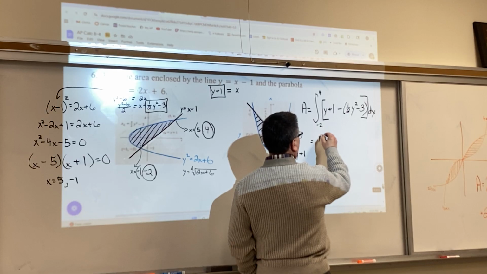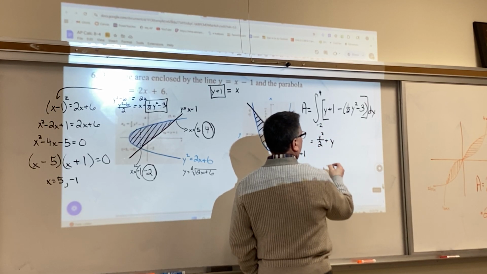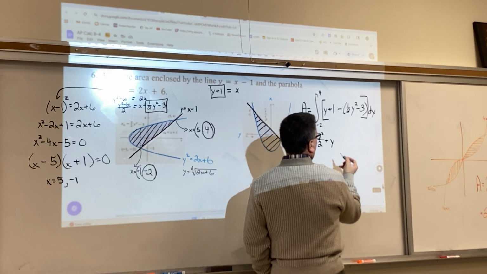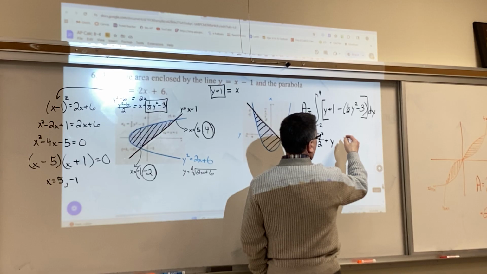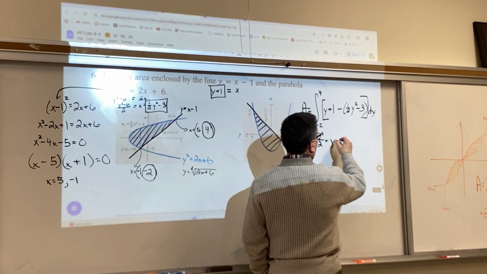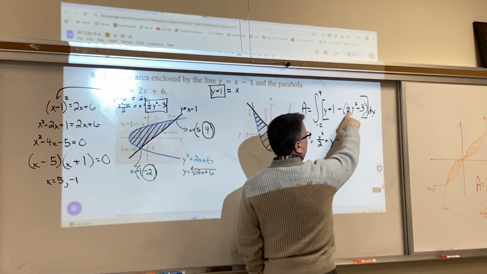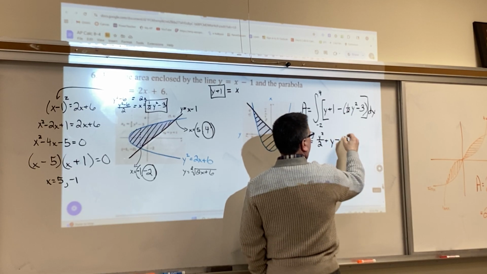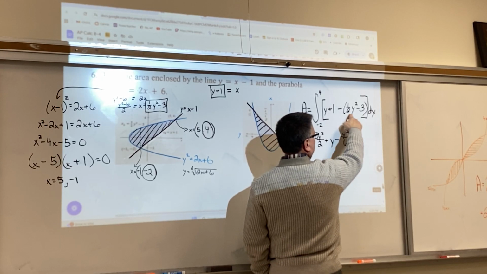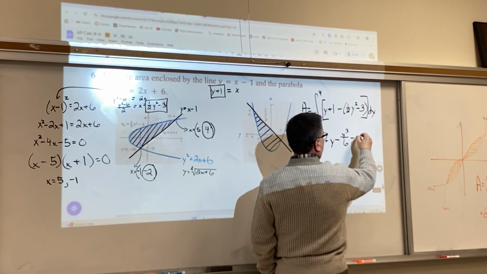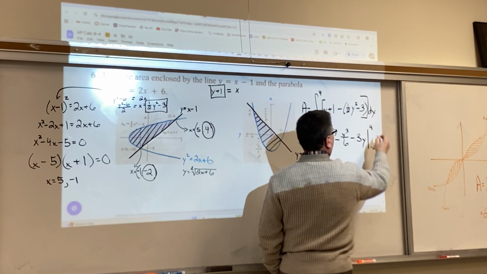That's gonna be y squared over 2 plus y over 1. And let's see, the 1/2 I can pull out, so that's gonna be y to the third over 3 with the 1/2 out front, so probably y to the third over 6, 2 times 3, minus 3/1, and I can take that from negative 2 to 4.